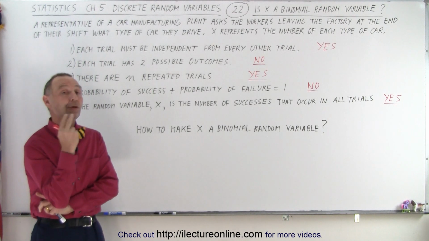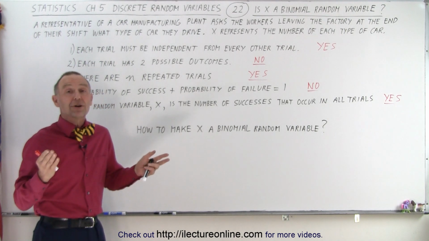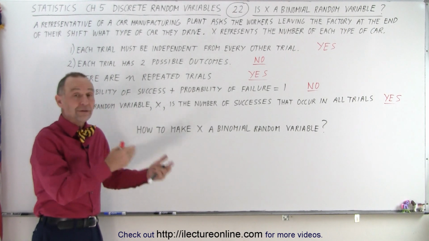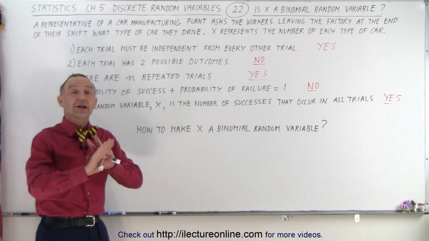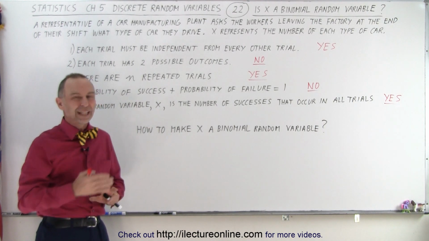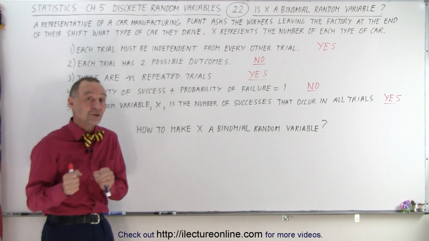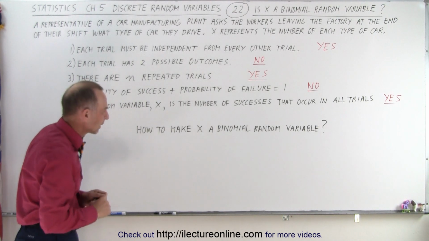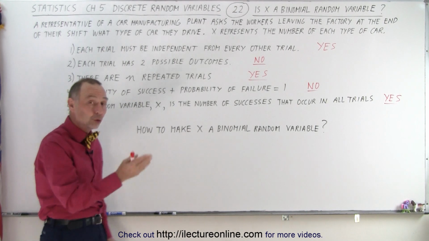Well, we would have to do 2 things. First of all, we would have to exclude anybody who's not driving a car. So the first question is, do you drive a car to work and home? And if you don't drive a car, then you're excluded from the survey. We only want to talk to people that drive cars to and from work. The second thing we have to do is divide it into 2 groups.